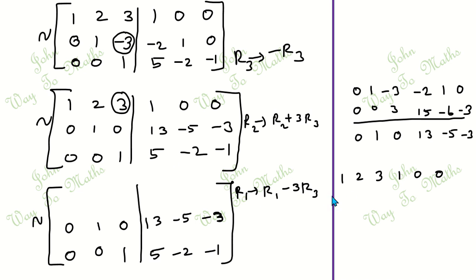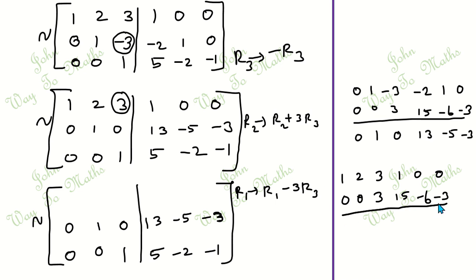Row 3 multiplied by 3 gives 0 0 3 15 minus 6 minus 3. Subtracting, we get 1 2 0 minus 14 6 3.